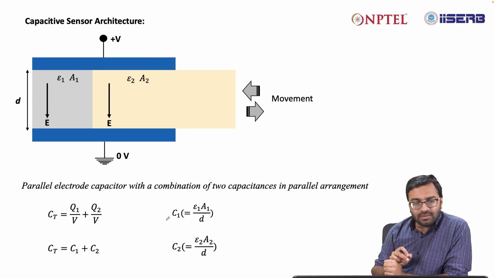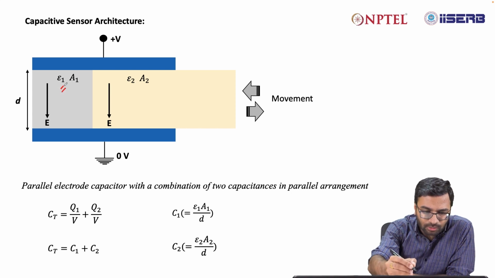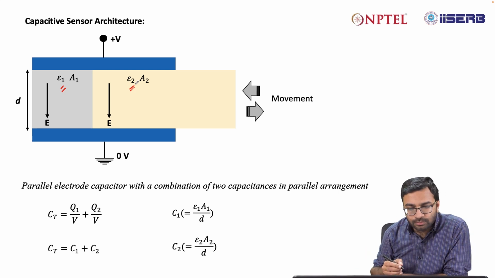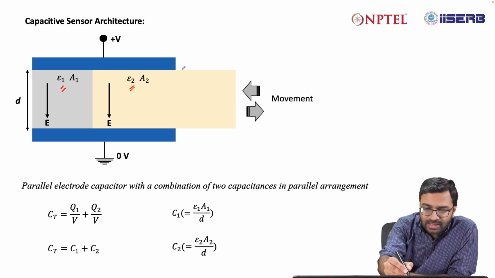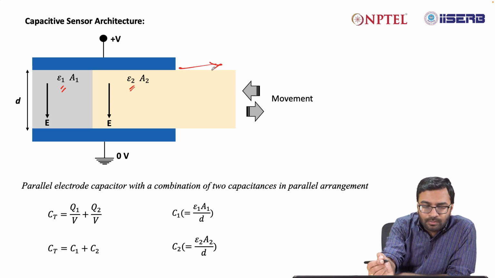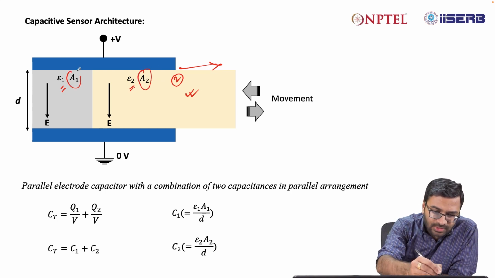So for the first structure, let us consider that the parallel plate capacitor has two dielectric materials. One has a dielectric constant epsilon 1, another has a dielectric constant epsilon 2, and at a certain distance when you are taking out this dielectric material, the cross sectional area covered by this material is A2 and the rest is A1.